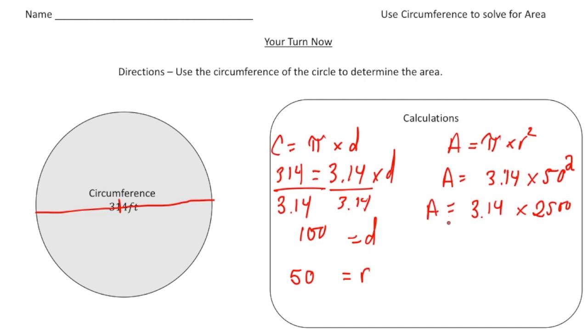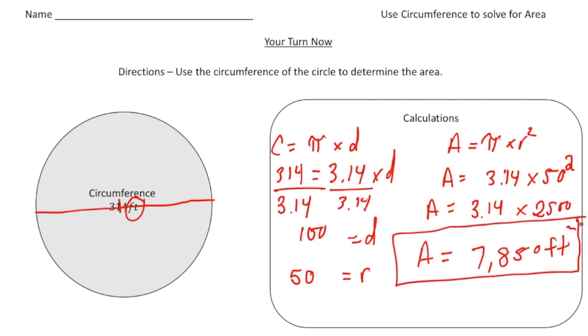And when I do pi times 2,500, we get our final answer of 7,850. And again, we want to make sure we use the right labels. So because we're talking about feet, and now it's area, it's going to be square feet. And there's the answer. All right, how'd you do?